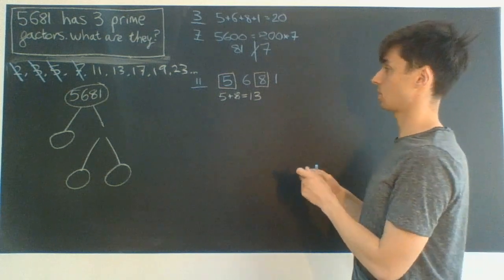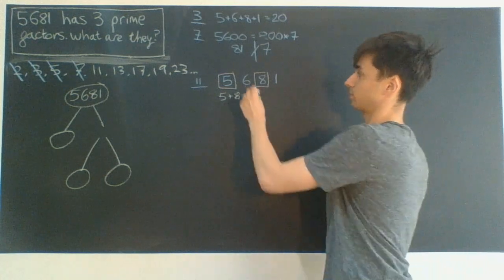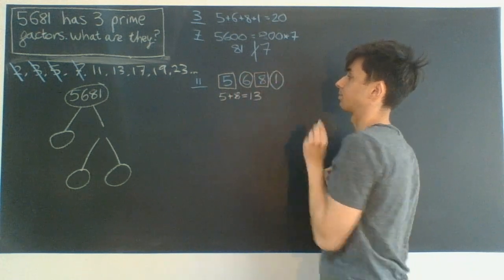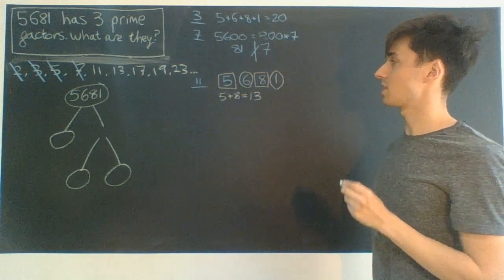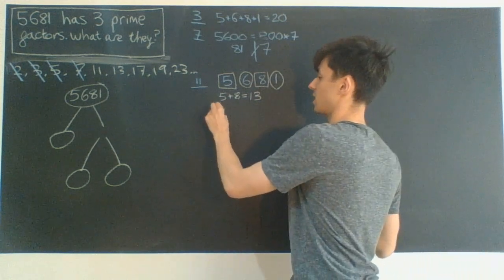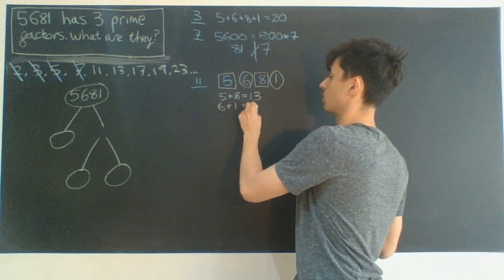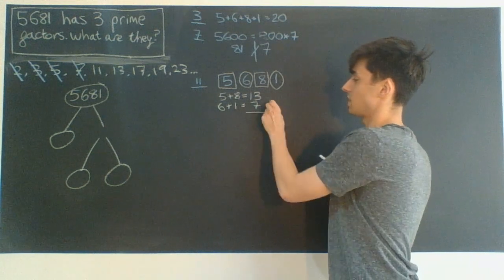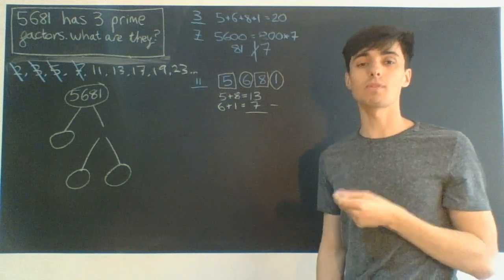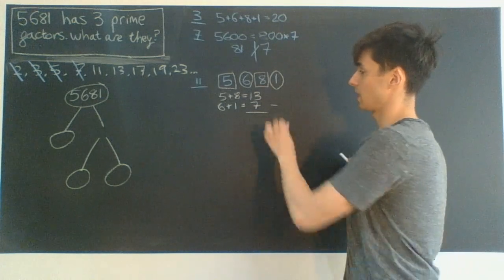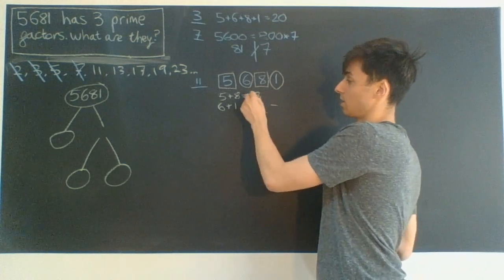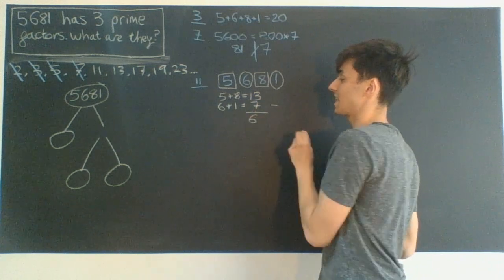Then we look at our even digits. So even digits, I'll do those in a different colour. And with our even digits, we also add those up. So 6, add 1 to get 7. We would be looking at the difference between the sum of the odd and even digits in our 11 divisibility test. And this number here, 13 take away 7 is going to be 6.